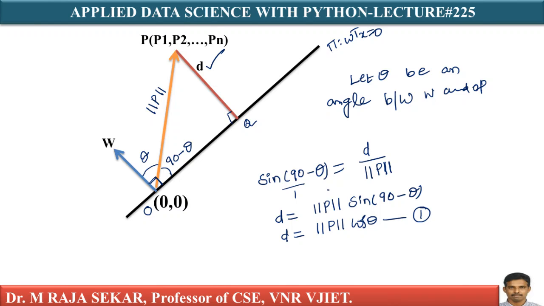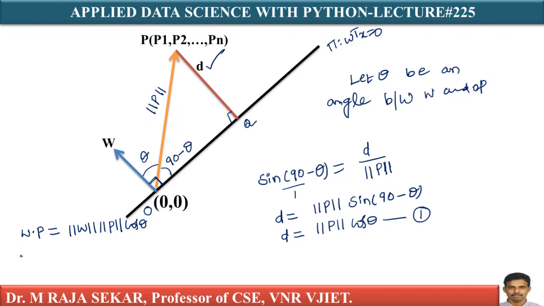Now, we also know the dot product. Let me write the dot product definition here. W dot P, which we already defined in my previous lectures, is equal to norm W into norm P into the cosine of the angle between W and P, that is, cos theta.